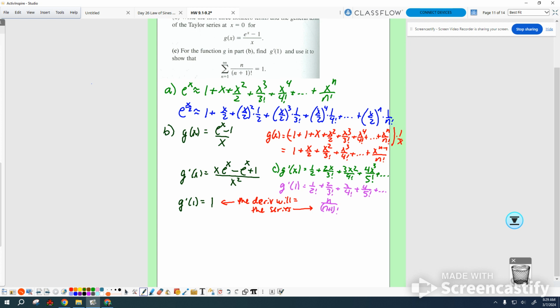And then you make a general term of all of those terms, you get this. So you prime at one. What we're trying to do is prove that that equals one. That's what we did.